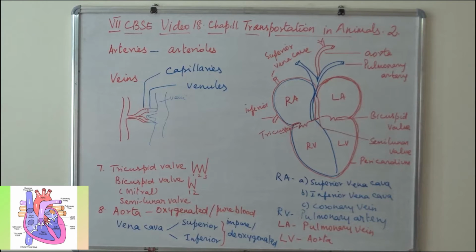And the right ventricle receives deoxygenated blood from the right atrium. I hope you understand. From there it is sent to the lungs for purification through the pulmonary artery. Right?